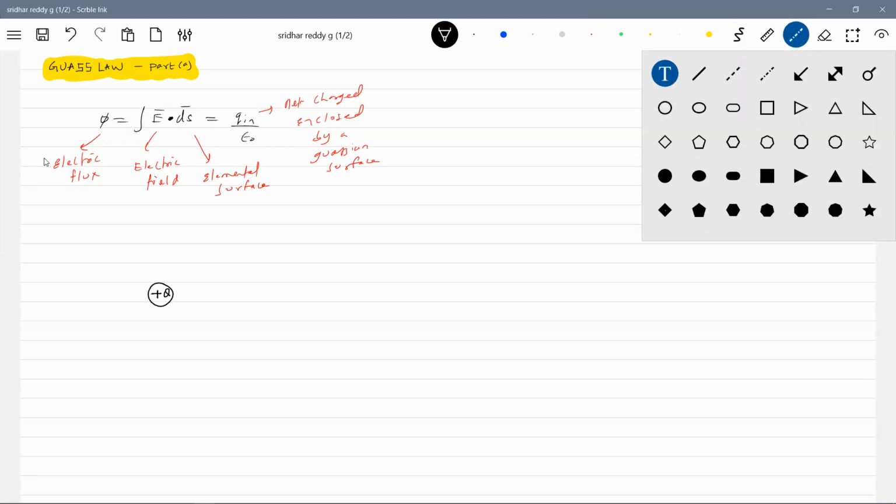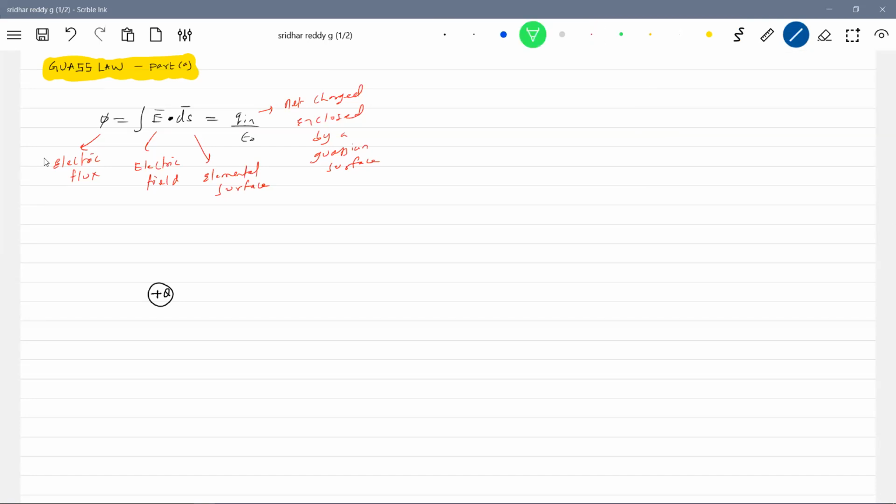And the lines of force, I can assume any number of lines of force as we know earlier. Okay, these are the lines of force due to a positive point charge.